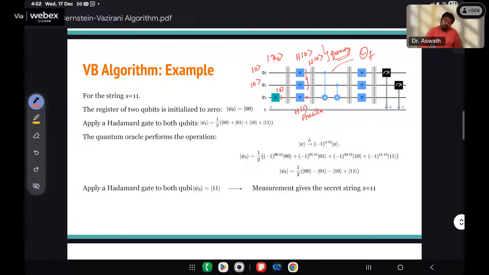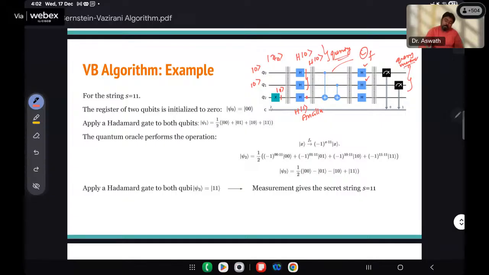But since I have Hadamards here, it becomes a reverse. Then I have two Hadamards that put the quantum states back from superposition to the normal computational basis, and then I make a measurement on the query. This is the query measurement.